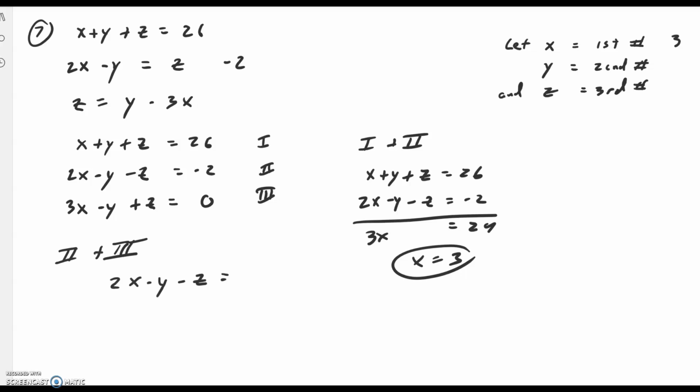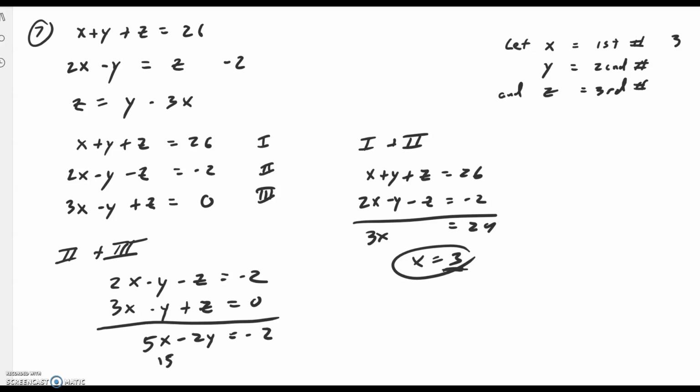We might be getting better at the planning after we do the planning in quite a few problems. So here we add, the z's disappear like we thought, and we've got 5x's minus 2y's. But now we have the x is 3 that we can substitute in. 5 times 3 is 15, minus 2y equals negative 2.